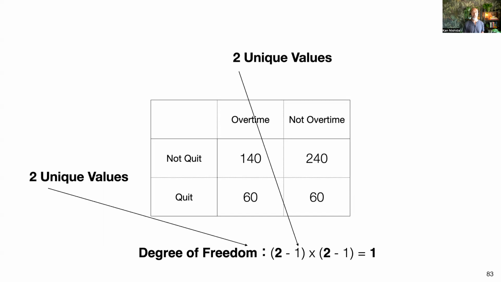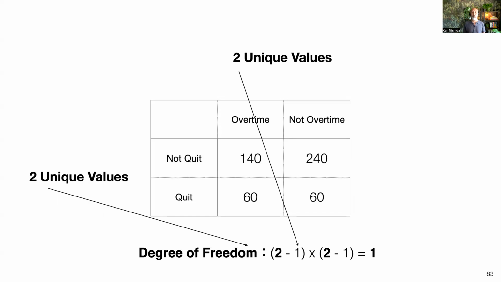In that case, when you know one of the two unique values, you already know the other. So you can decide freely only one value for overtime, and the same for attrition too. Once you know one, you already know the other, right? So there's only one free choice.